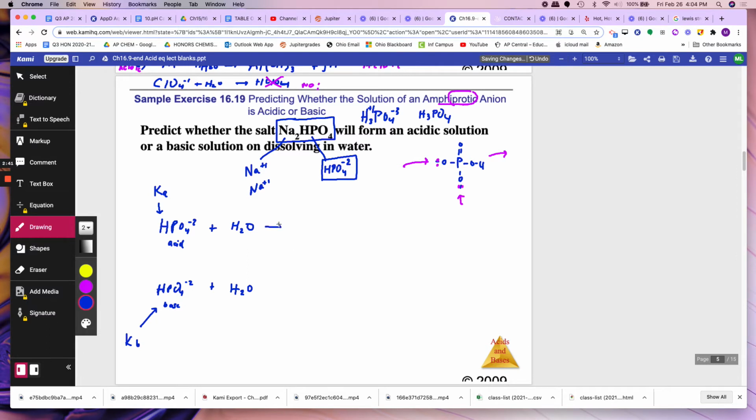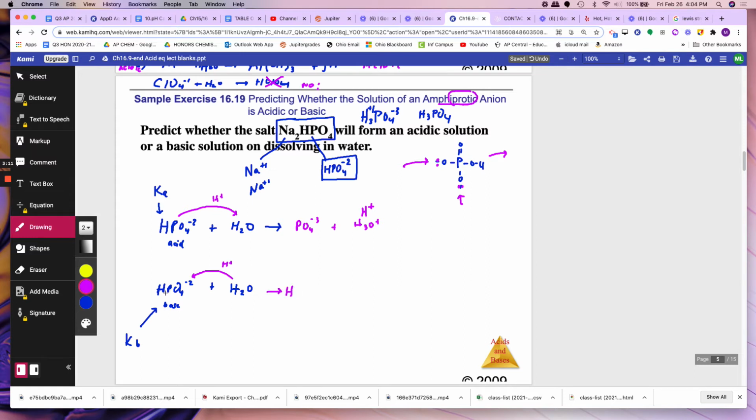As an acid, it wants to give away the H. So you're going to get PO4 -3 plus H3O+ or H+. As a base, it'll take an H+, and you will get H2PO4.